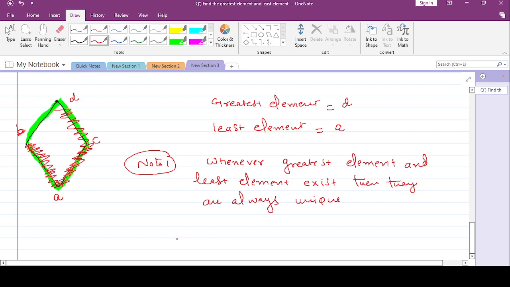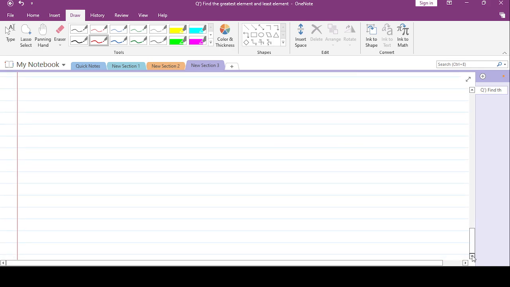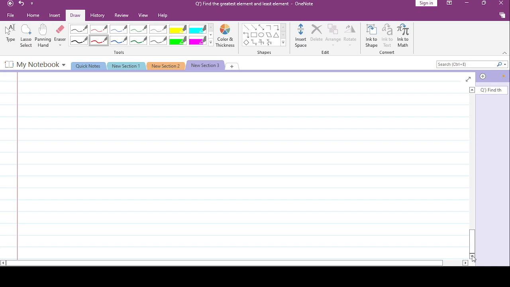Okay, so this thing you always remember, that whenever greatest element and the least element exist, then they are always unique.